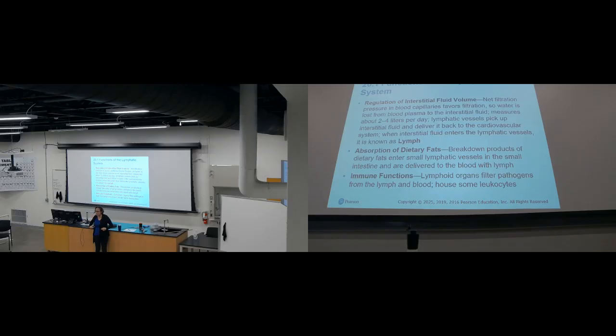These are lymphatic vessels that specifically absorb nutrients like fats or lipids that we have in our diet. So it helps to absorb dietary fats and bring them into the circulation. And then another function of the lymphatic system is to protect us from pathogens by filtering these pathogens from the lymph and from the blood.